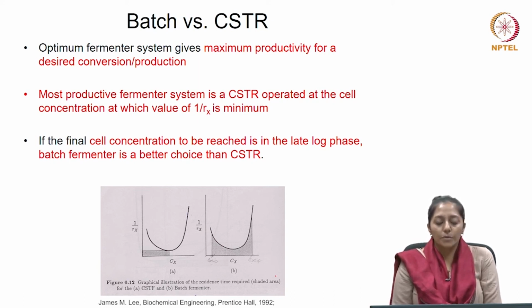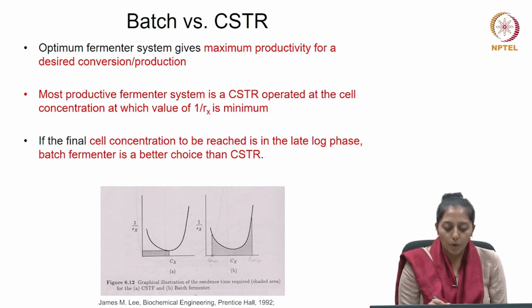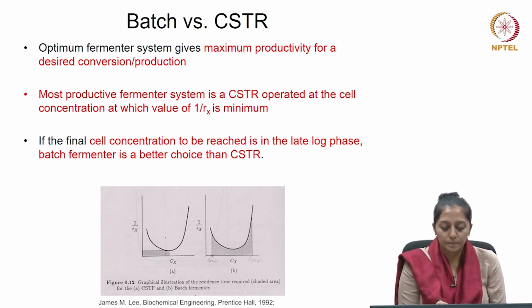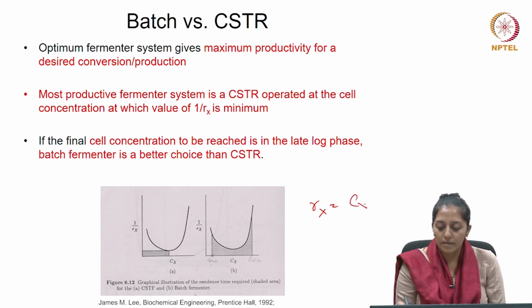We know that the most productive system is the CSTR, which can be operated at the cell concentration at which your 1 by Rx is minimum. If you see the plot of 1 by Rx versus Cx, we know that the productivity, which is Rx, is given as Cx by tau x, isn't it?